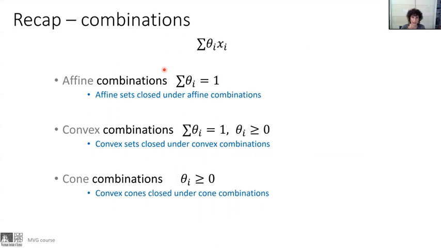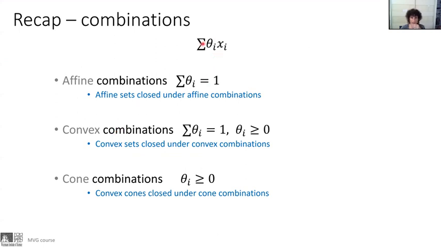I want to recap all the ideas of the combinations, so that everybody will be on the same page. So I have the affine combination. In the affine combination, the sum of the coefficients should be equal to 1, but I don't have any other restrictions. And affine sets are closed under affine combination. I have the convex combinations.